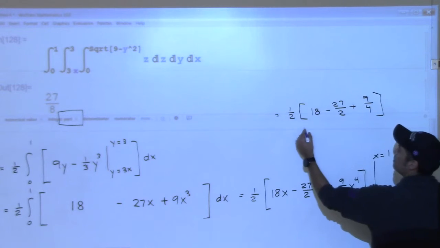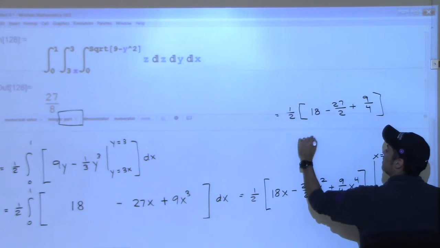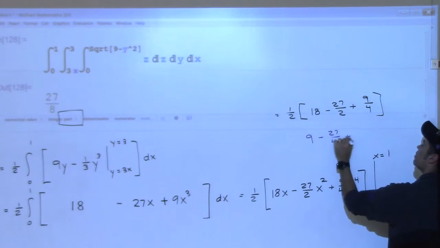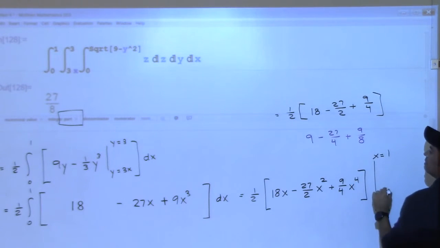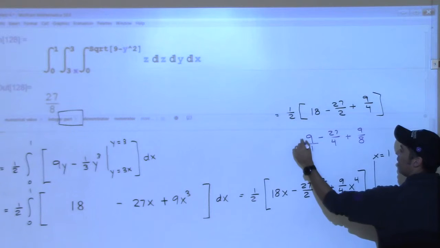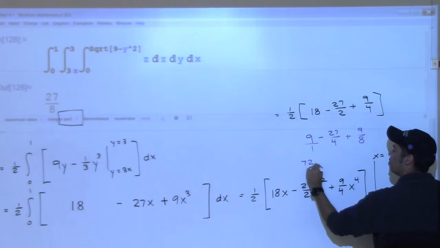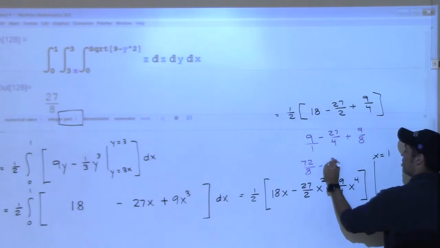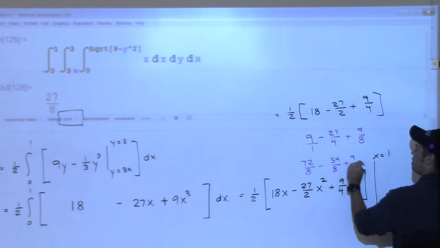Let's see. This is half of 18 is 9 minus 27/4 plus 9/8. So if we multiply 8 here, we get 72/8 minus, multiply 2 on top and bottom there, 54/8 plus 9/8.